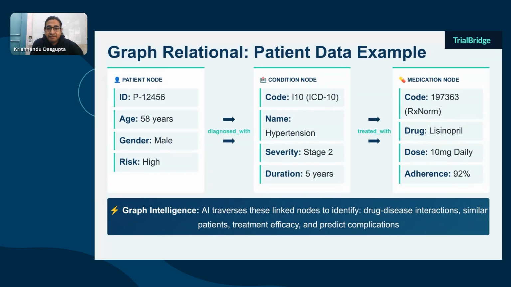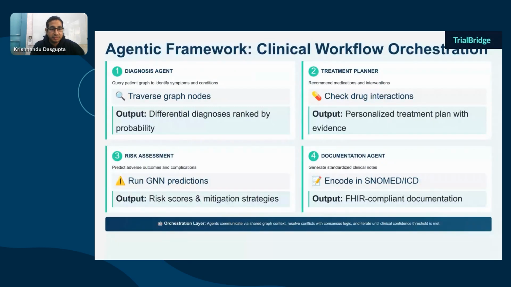The relational graph that we are looking at is somewhat like this. The patient node has an ID, a gender, and a risk; they get diagnosed with something, so you have a condition node, and then you have a medication node as well. In the medication node, you have information like code, drug, dose, or adherence. Now, the graph intelligence is where the entire traversing works, so we'll go quickly to the agentic framework.